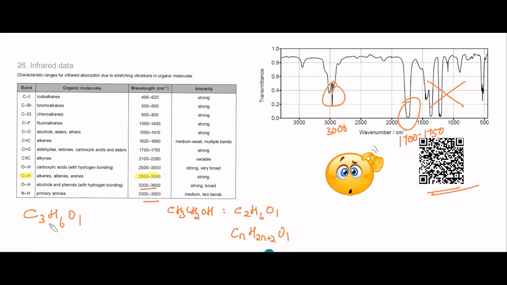Let's see what the general formula is for this compound. Checking it, I get CnH2n: 3, twice of it is 6, O1. So this doesn't match. So we can conclude that this is not an alcohol. And of course, primary amines are blindly ruled out because there is no nitrogen in the empirical formula. We didn't get any nitrogen in the empirical formula that we calculated before.